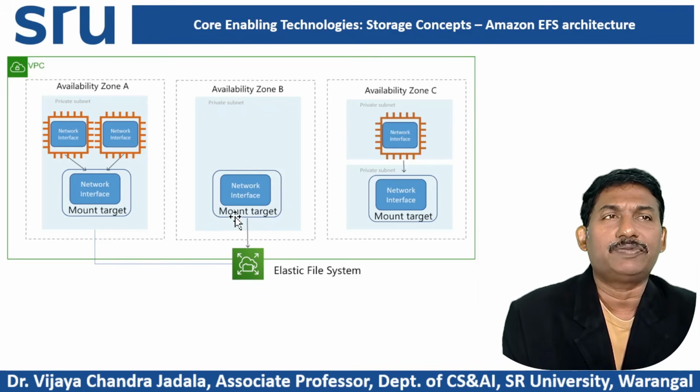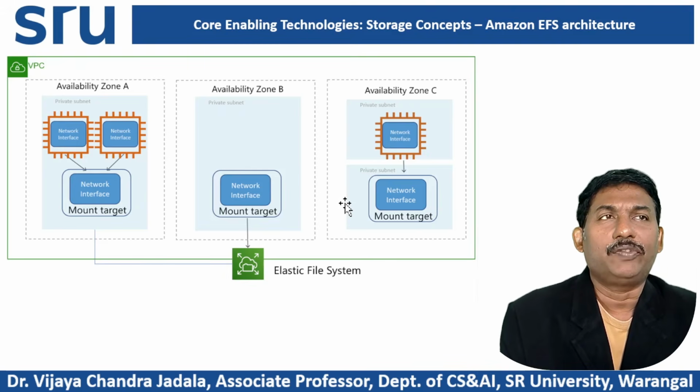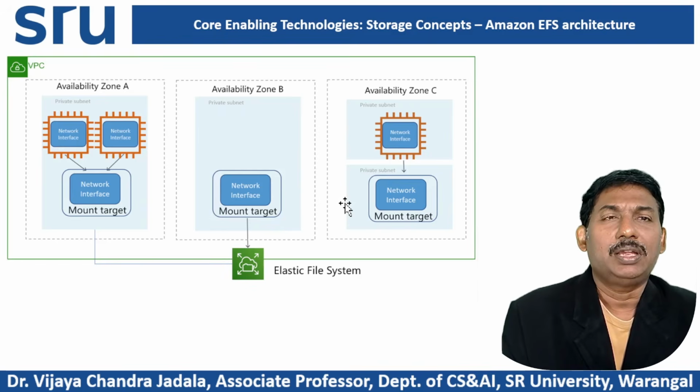The mount target is for availability zone B, but it can take support of availability zone A and availability zone C in case of any high loads of data. So the EFS architecture supports shifting of availability zones so that the data can have high scalability and reliability, and the retrieval system will be very easy.